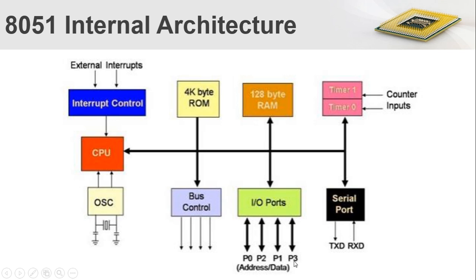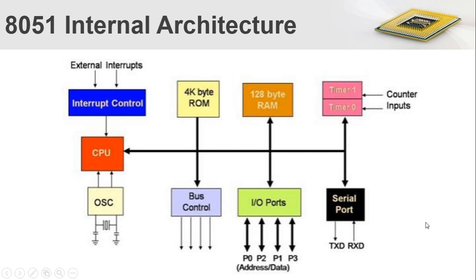These are used for transferring input output data, and using a single port we can transfer 8 bits of information at a time. Okay, and this particular port P3 is also used for transferring data in a serial mode of data transmission. That means the system can interface with various peripheral devices that support serial data transfer also.